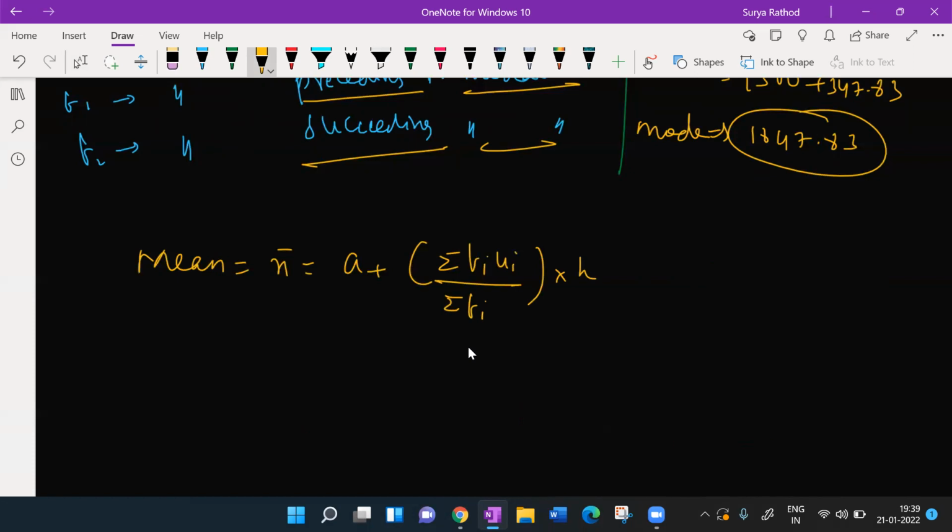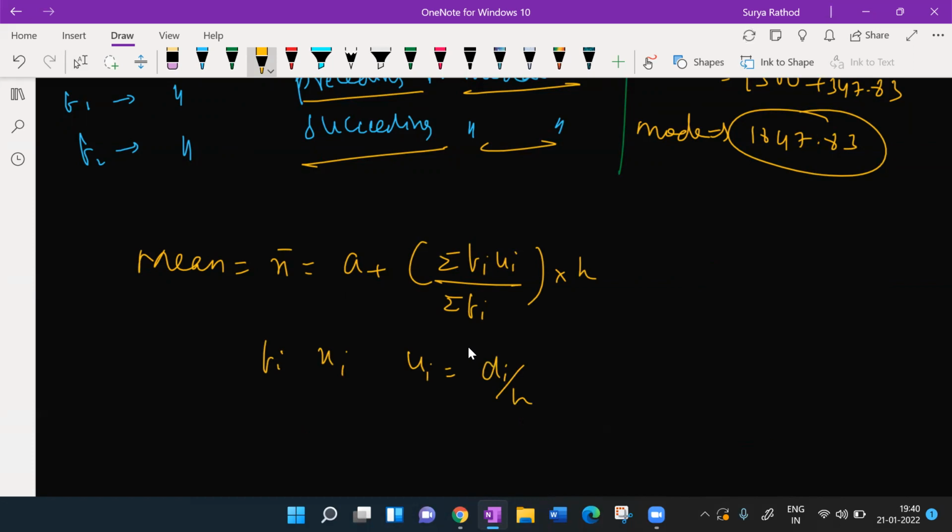What is a value here? You can find that, it is the assumed mean. देखो मुझे क्या चाहिए इधर, fi चाहिए, xi we have, xi is mid values, and ui क्या होता है? ui is di divided by h.